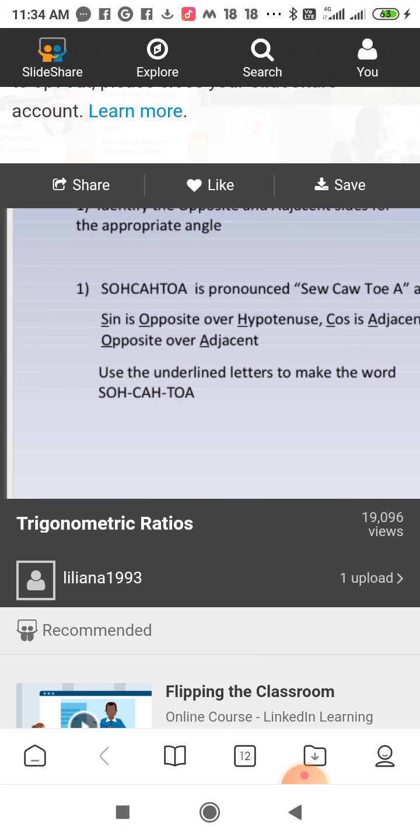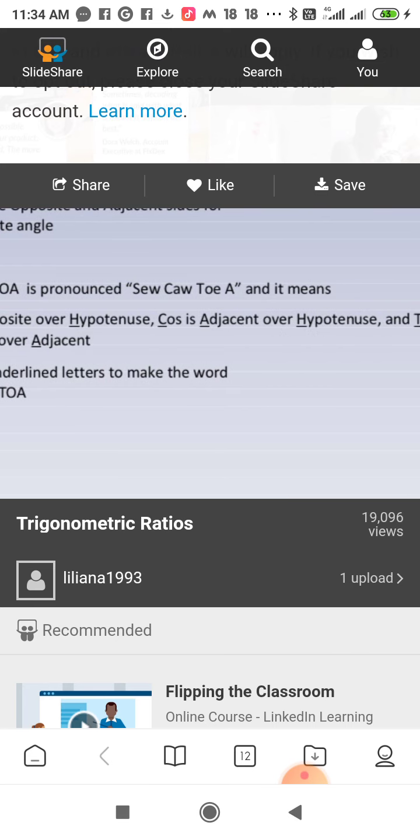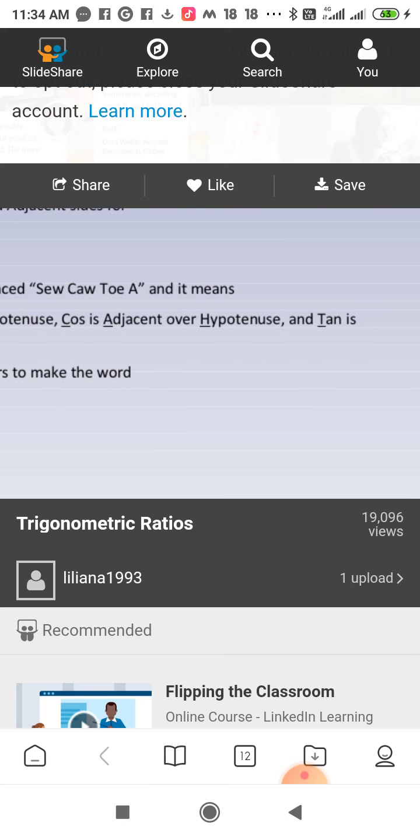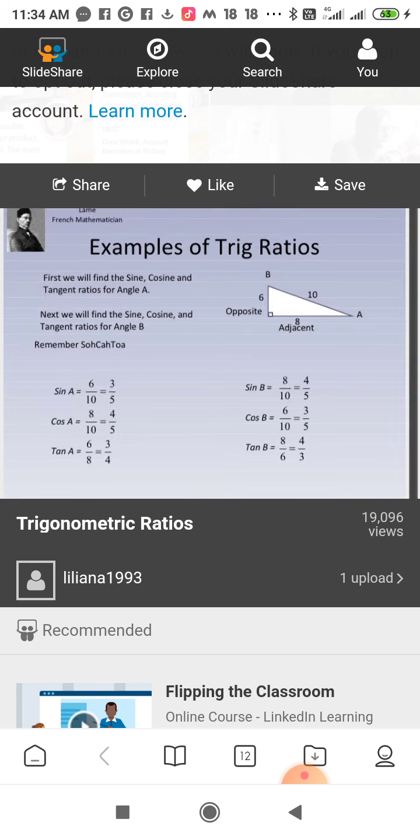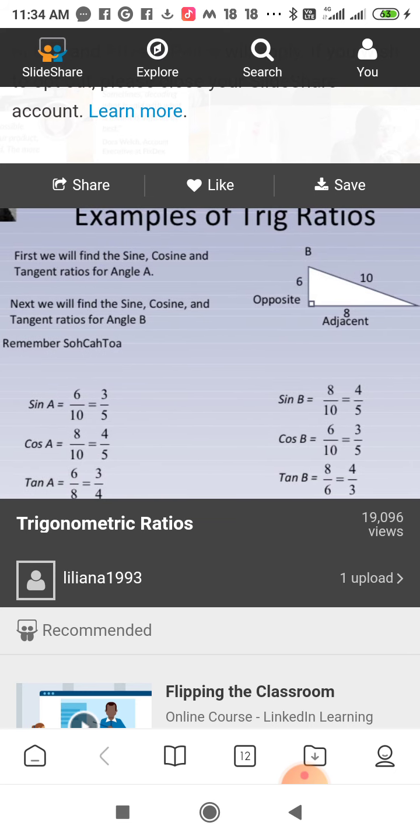So you can remember these trigonometric ratios this way, and an example of trigonometric ratios is given here.